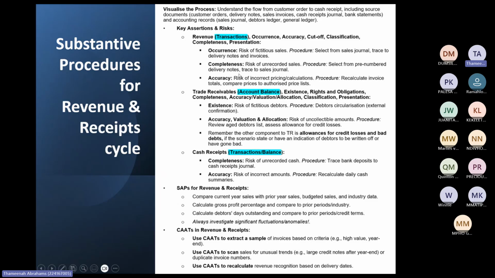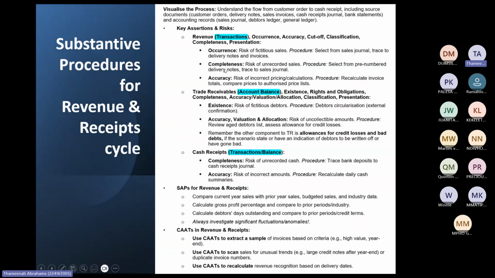Then there could also possibly be a completeness issue, which is an understatement issue. Hence I said, remember, you can't have both. If the scenario is telling you there's a possibility for overstatement, then you can't say overstatement and understatement. The only time you say overstatement and understatement is if it can go either way, if the scenario is preluding you in that manner.